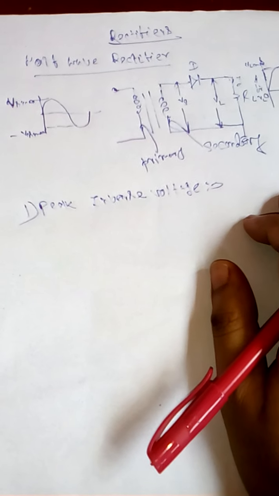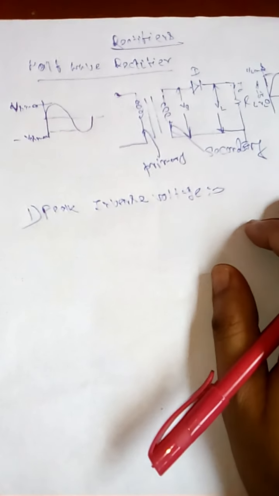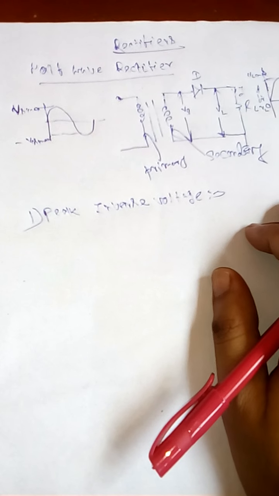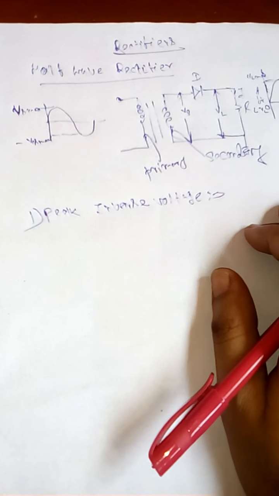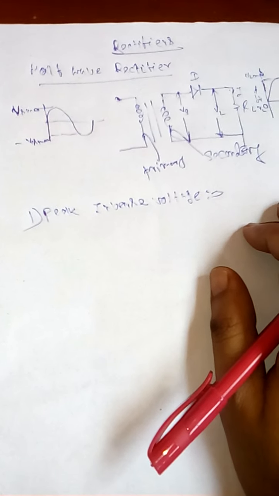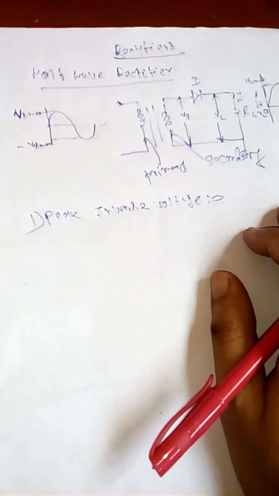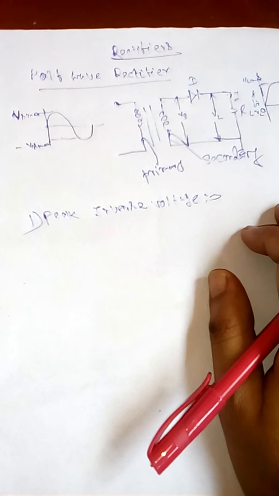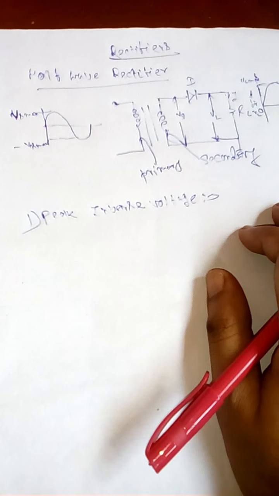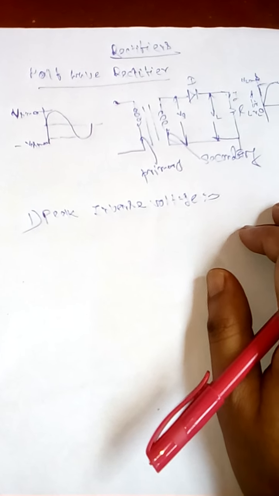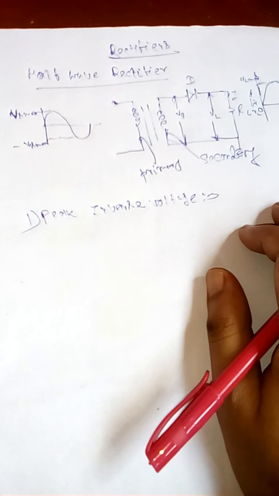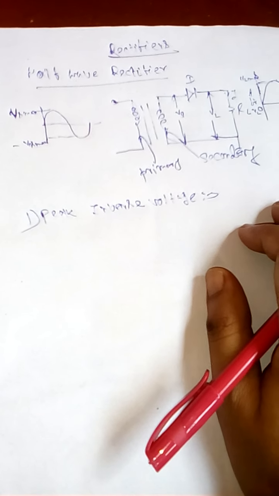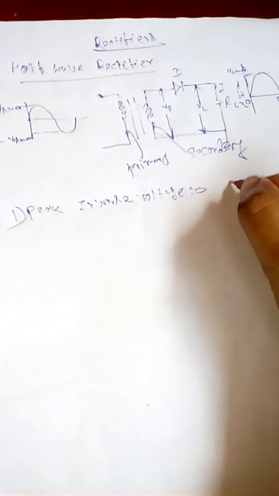It is the maximum voltage that the rectifying diode has to withstand when reverse biased. The PIV rating of the diode is of primary importance in the design of a rectification system. During the negative half cycle the diode is reverse biased, so no current flows through the load resistor RL, so there is no voltage drop across RL and consequently the whole input voltage appears across the diode. So the maximum voltage PIV equals Vs max.